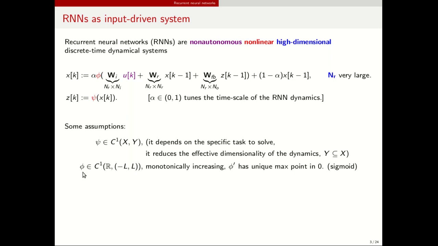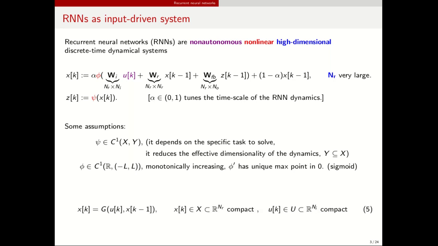I will assume that the activation function phi is a continuously differentiable function as well, which is bounded between two values minus L and plus L. I will assume that it is, as usual, a monotonically increasing function, and that the first derivative of the activation function has a unique maximum point in 0. Just think about the hyperbolic tangent to have something fixed in mind.